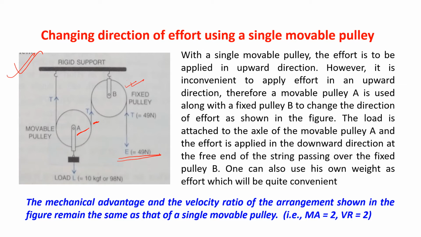If I add one fixed pulley with a movable pulley, it changes neither the mechanical advantage nor the velocity ratio of the single movable pulley. So we can do that for our convenience. The load is attached to the single movable pulley only.